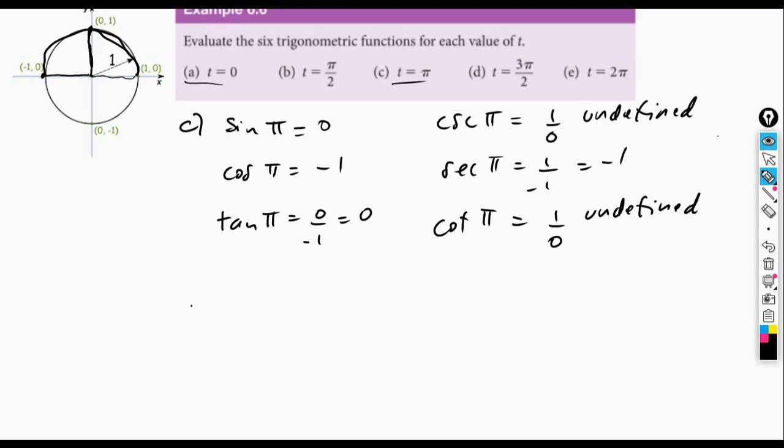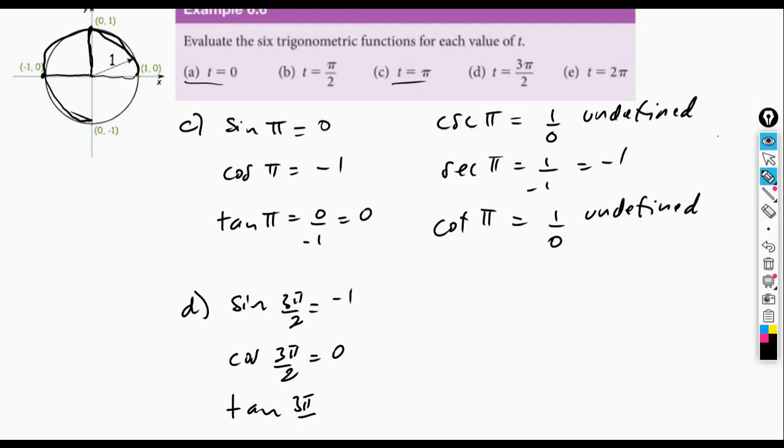For D, the value is t equals 3 pi halves. So 3 pi halves is all the way here, 270 degrees. That means that sine of 3 pi halves is -1. Cosine of 3 pi halves is 0. Tangent of 3 pi halves is undefined.